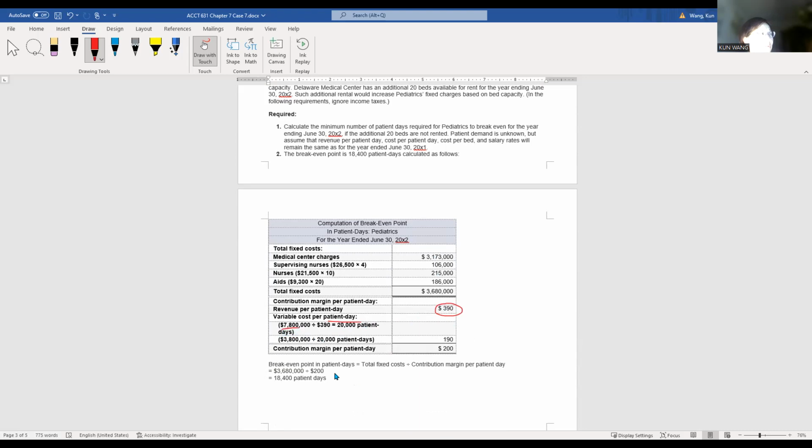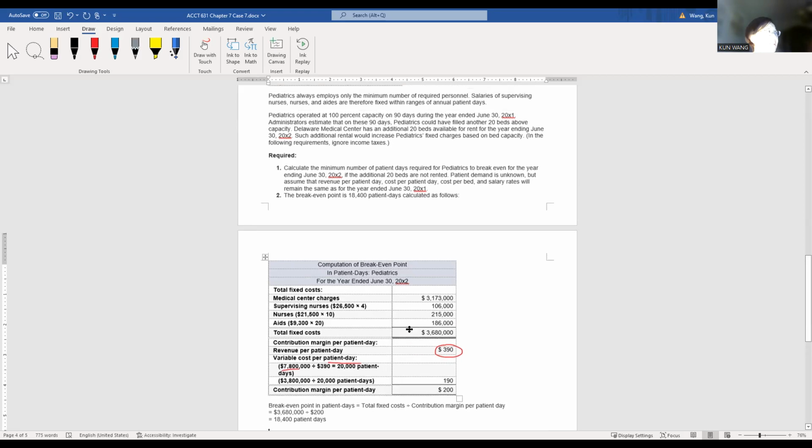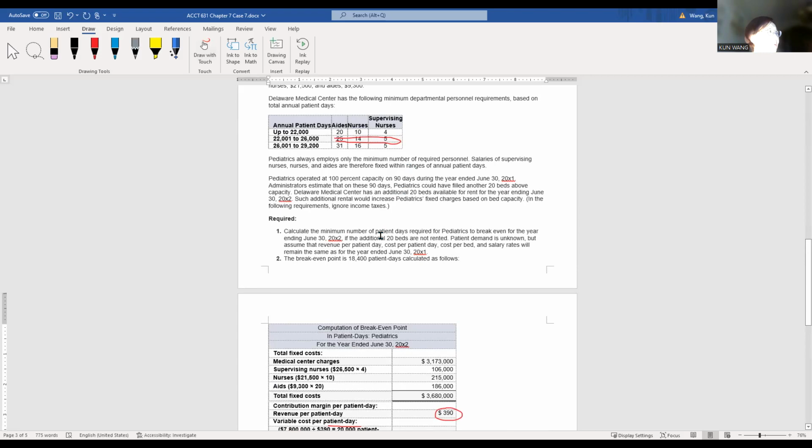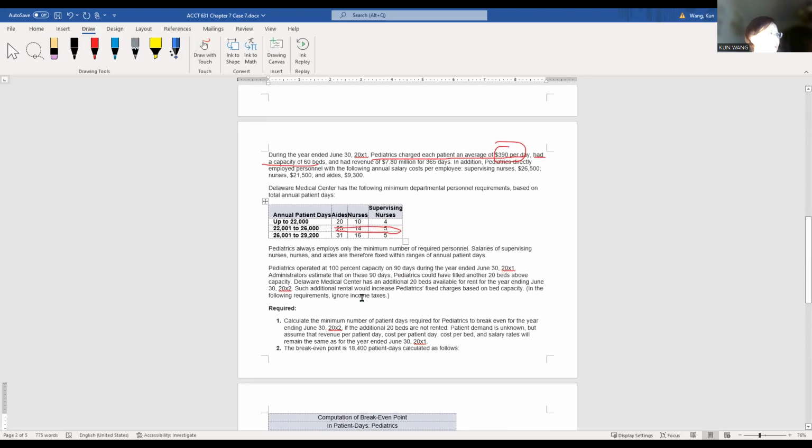Okay, 390 times the 60 beds, times 365. It was mentioned in the beginning, but you can do the calculation like this. I believe the 7.8 million is somewhere in the question.